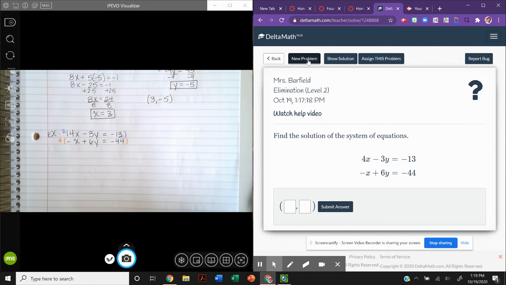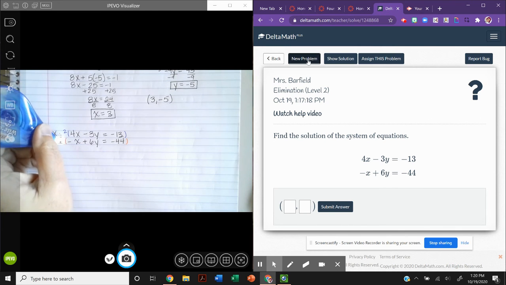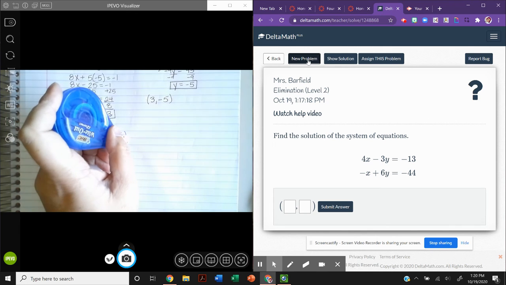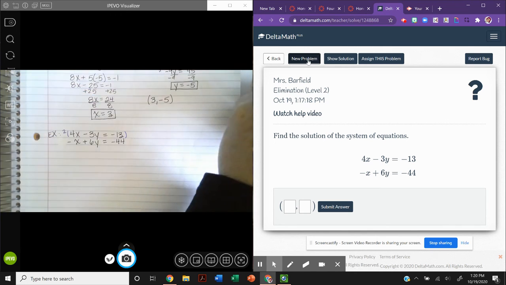I always lean towards forcing this so that I'm adding. So if I already have one that's positive, one that's negative, I'm not going to multiply by a negative number. So let me eliminate the orange one, because, like I said, that's not the one I gravitated towards. If you did, you're welcome to solve it that way.